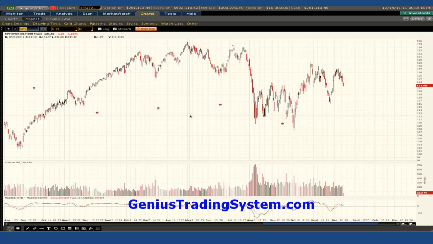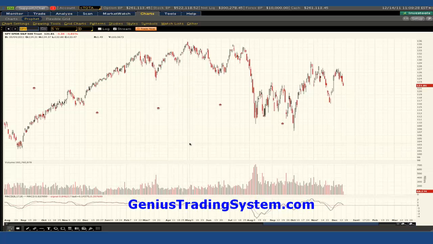In front of you is the Spiders. It's the S&P 500 ETF, one of the most popular traded ETFs on the planet. And one of the things I want to point out to you is a very, very simple technical analysis trick that I use, which is quite easy to do, and it turns out to be probably one of the most reliable technical studies possible that you could do to determine future market direction.